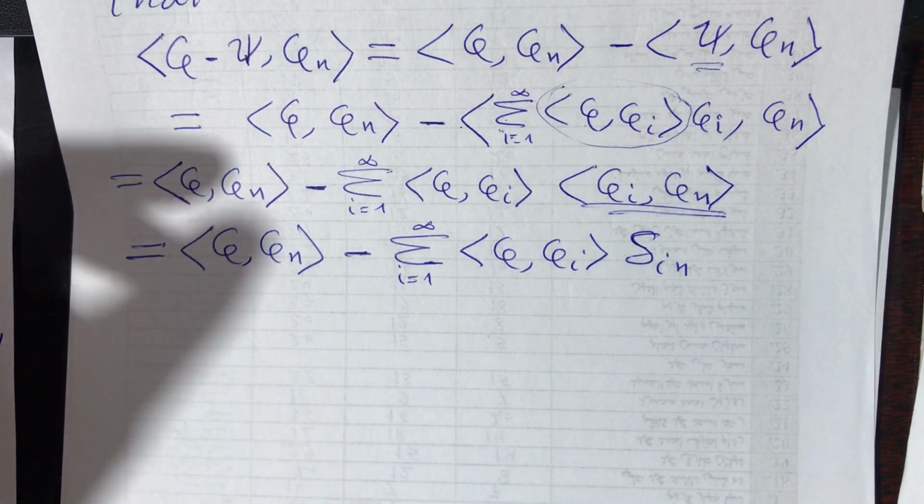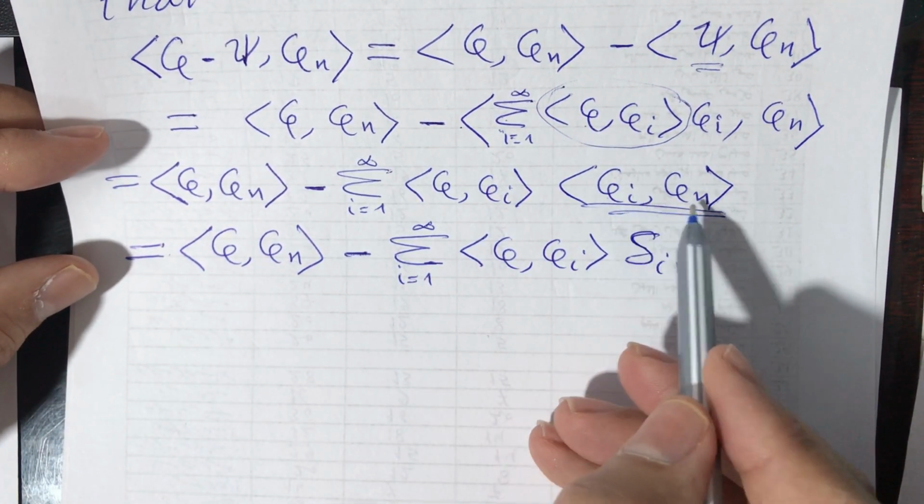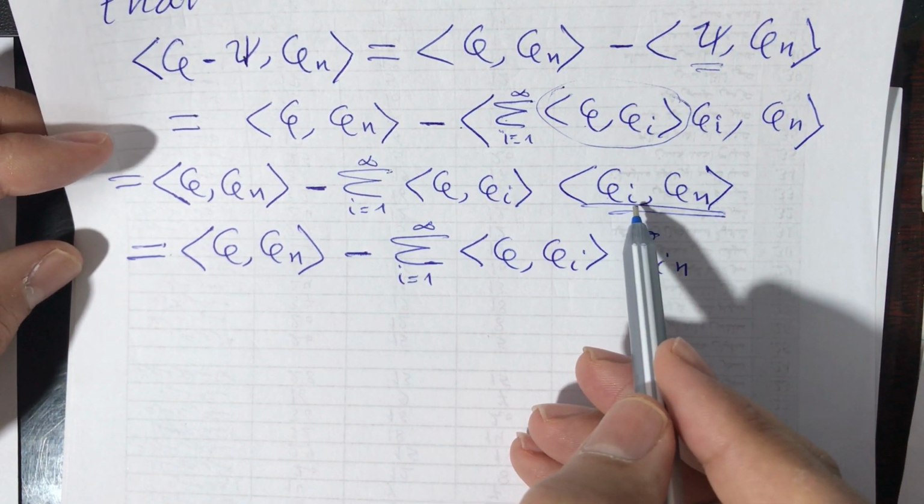So if i equals n, this is 1, and if i is different from n, this is equal to 0.